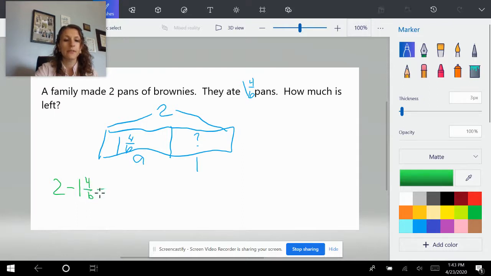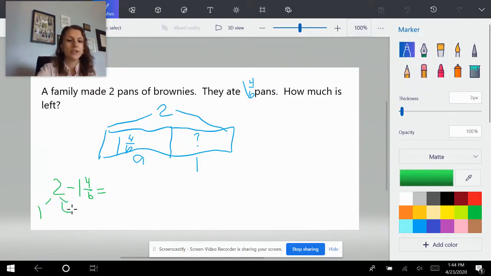Now this one's a little bit different than what we've done before, but we can still apply our knowledge. I have sixths in what I'm taking away, but I don't have any here. So let's break down that 2, or rename it as we decompose it into sixths. I'm going to take 1 away from my 2, which would give me 1. Instead of writing that 1 and 1 for 2, I'm going to write 1 6/6.